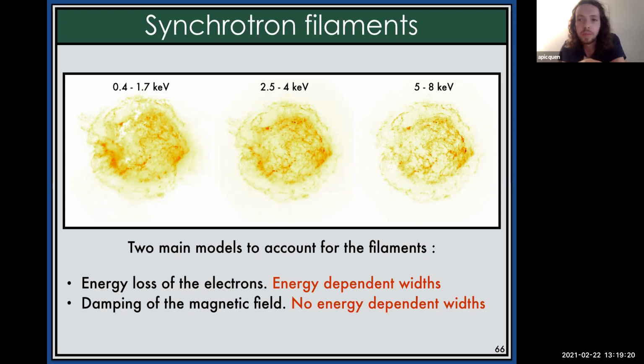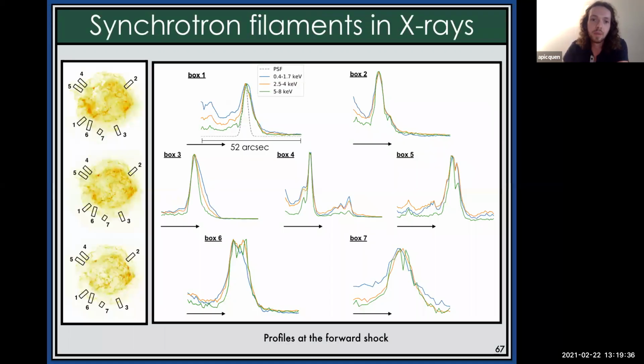And we were able to obtain very detailed images of the synchrotron around 3 energy bands. So these are the most detailed images of the synchrotron at these bands, in particular at lower energies. So it was a good way to compare the narrowing of the filaments. And we could see by looking at tiny boxes around some filaments that there was, in fact, a narrowing effect.